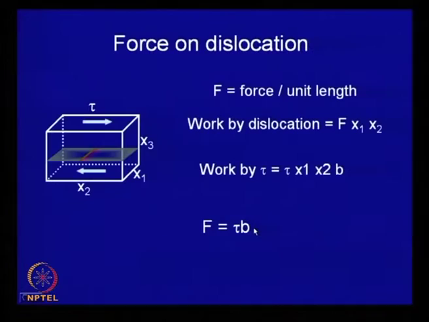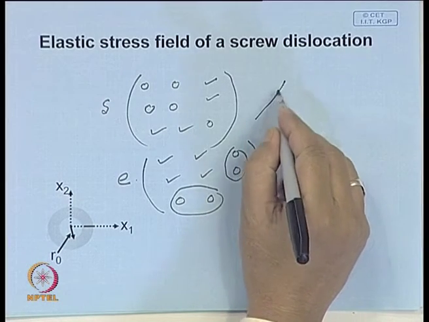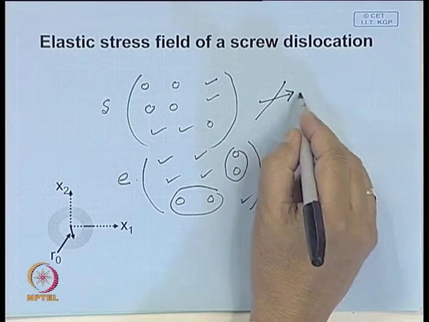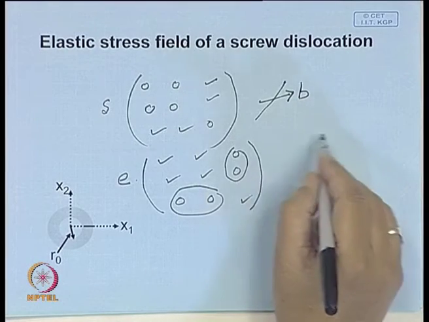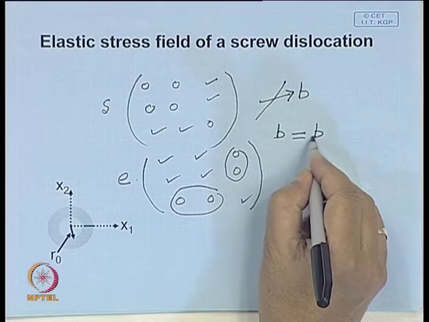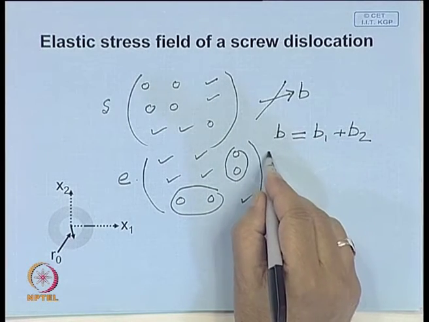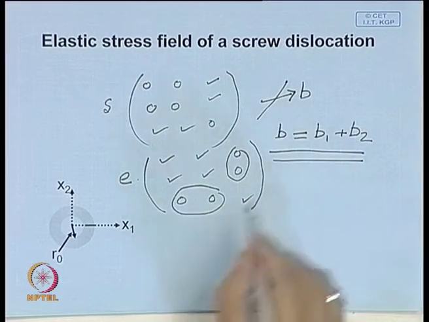So, to understand many of these dislocation reactions, we often approximate the dislocation energy. Suppose a dislocation has a Burgers vector b, and we ask whether it will break into two, b1 and b2. Will this be energetically favorable?